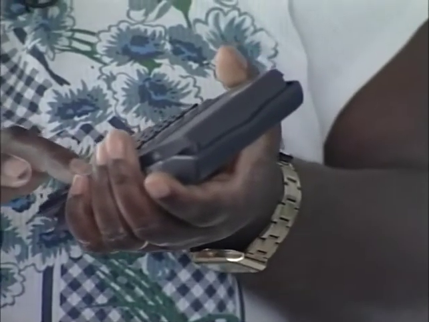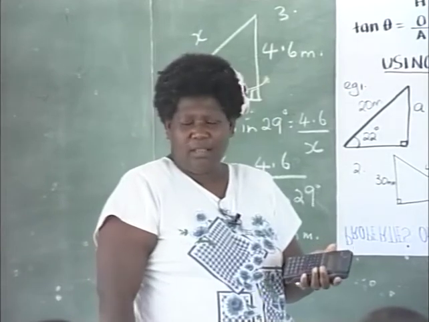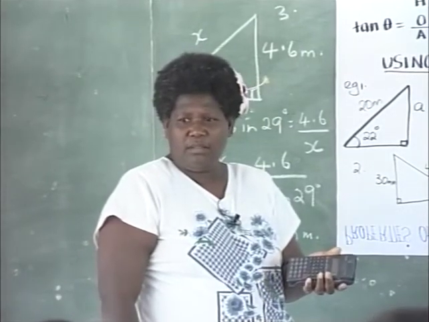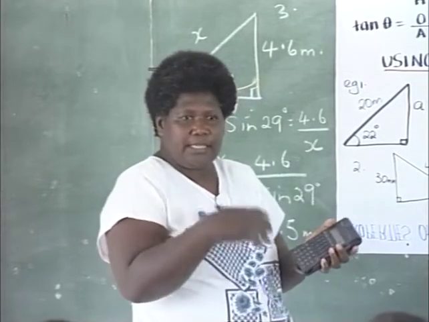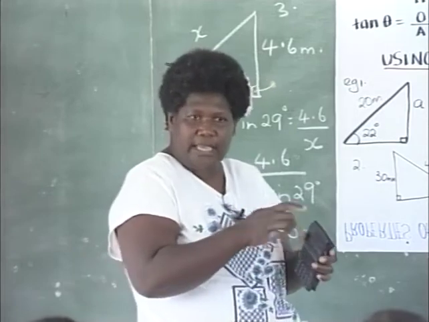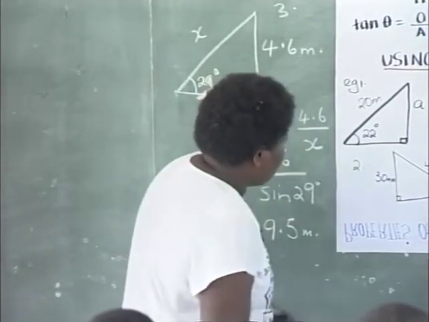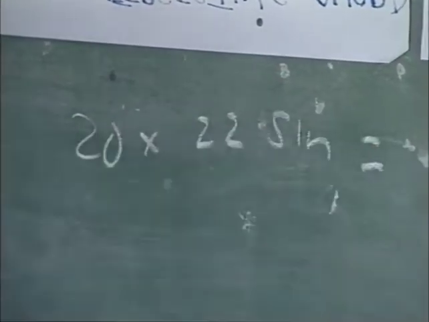if you've got one that is FX82 SL, is there anyone with SL? No? In some calculators, you will have to press the angle first and then press sine. Okay, you will go 20 multiplied by, you press 22 and then press sine and then press the equal sign.